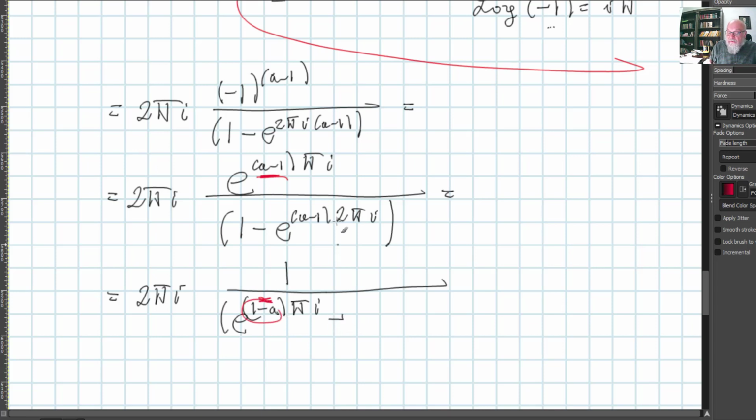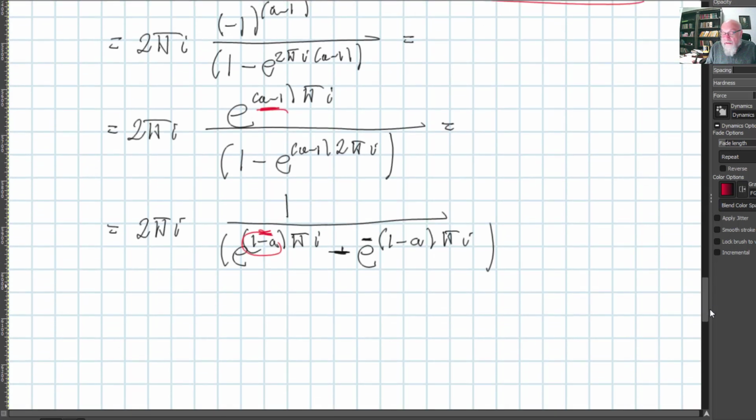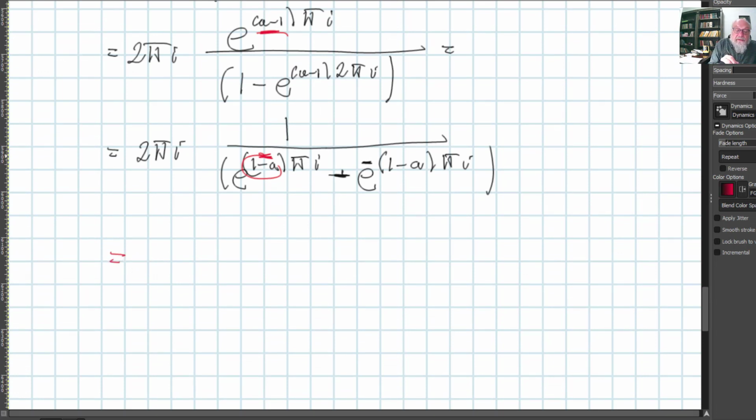Otherwise I can also change this one here, because I want to write it so that this is e to the minus, and this is e to the minus, so this will be minus 1 minus a pi i, because you simplify it. And now I move this 2i over there, so let me write it clearly.